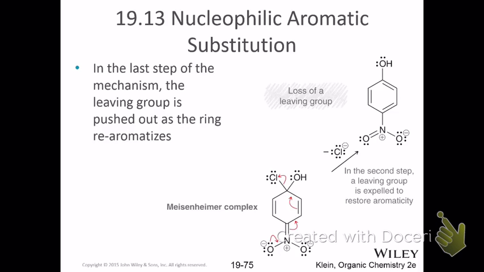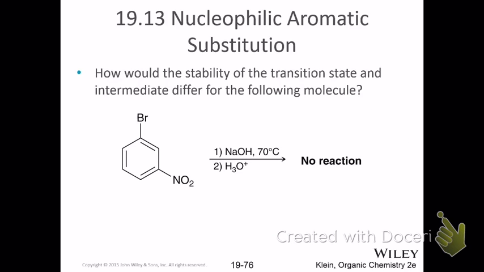What makes one of the leaving groups leave? Aromaticity in the product. The product is aromatic. It can kick off that leaving group. Turns out if you do it in the meta position under the same conditions, there's no reaction. Let's see. Yeah, we'll stop there.